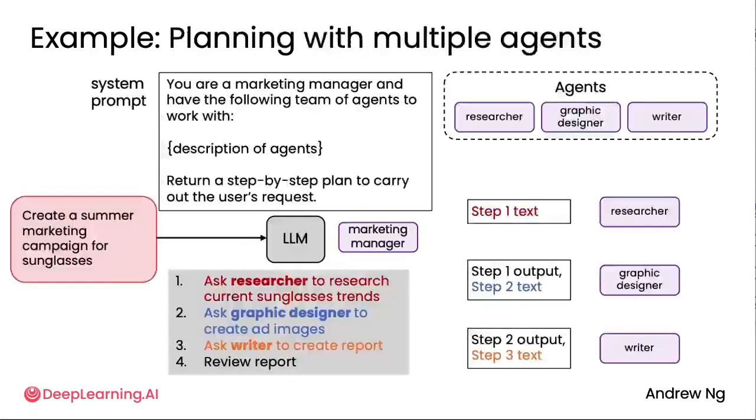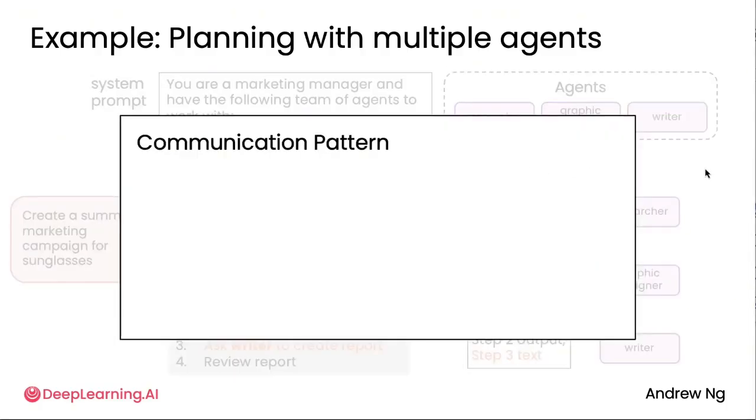The second of the two most common communication plans would be similar to what you saw in this example with planning using multiple agents, where there is a manager that communicates with a number of team members and coordinates their work. So in this example, the marketing manager decides to call on the researcher to do some work.